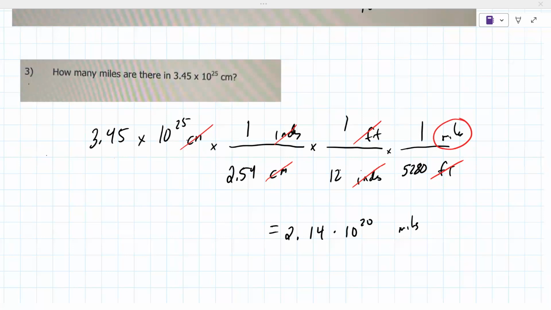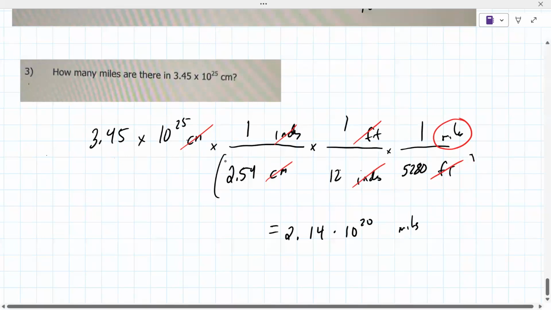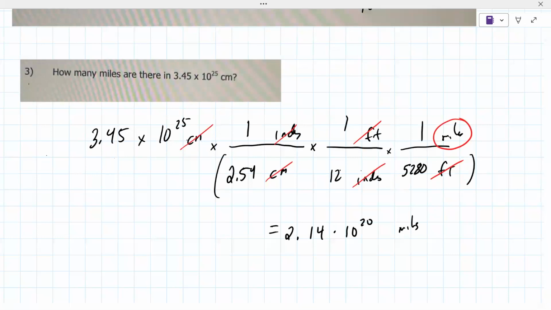I don't understand how you got 2.14 times 10 to the 20th. It's the top number divided by all of these on the bottom. You have to multiply all the numbers on the bottom, and then you're dividing. I did that and I got 4.6.